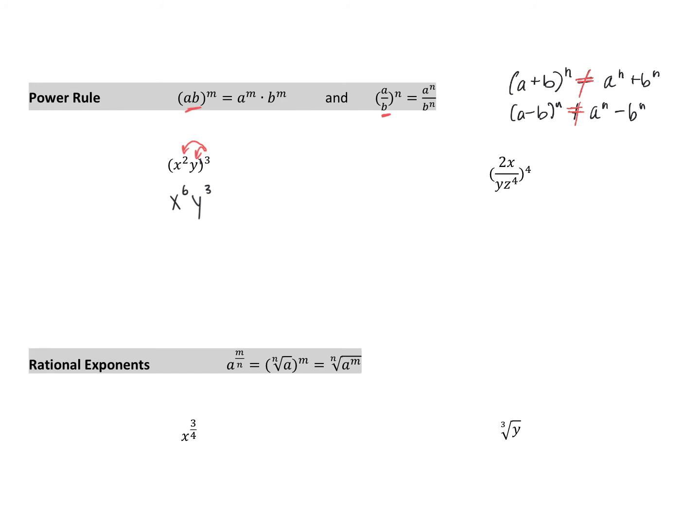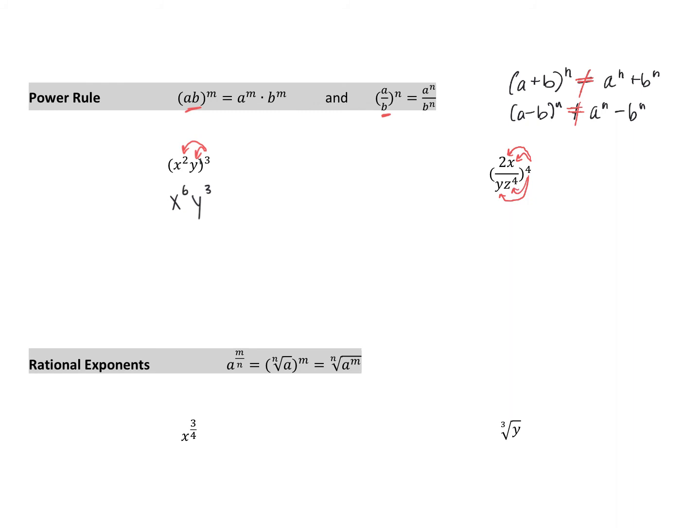If you look at the second example, think about how many factors are inside the parentheses. Hopefully you can see that there are 4 factors. There are 2 on top and there are 2 on bottom. So on the top, your factors are 2 and x. A common mistake is that people do not give the 4 exponent to the 2. They only apply it to the variables. They forget to apply it to the coefficient as well. So that's important. On the bottom, your 2 factors are y and z.